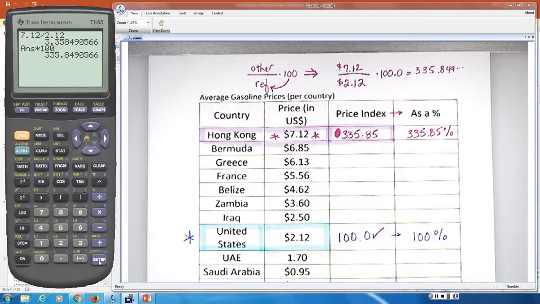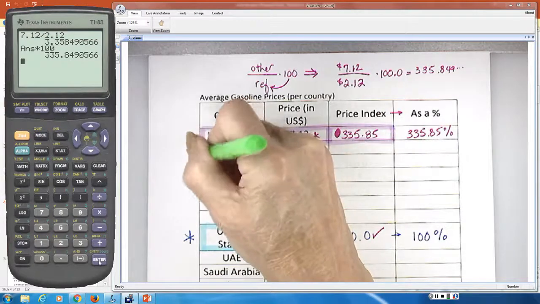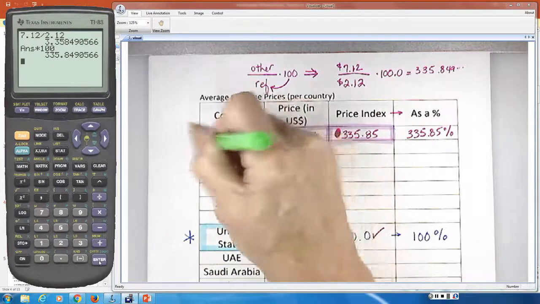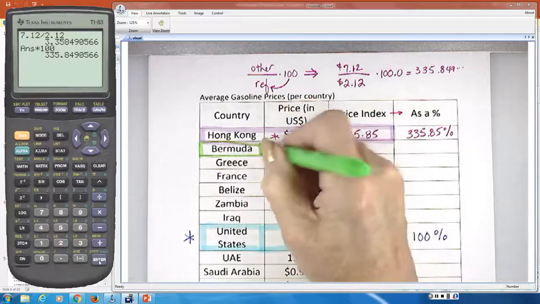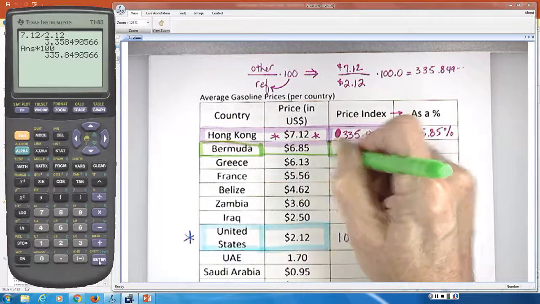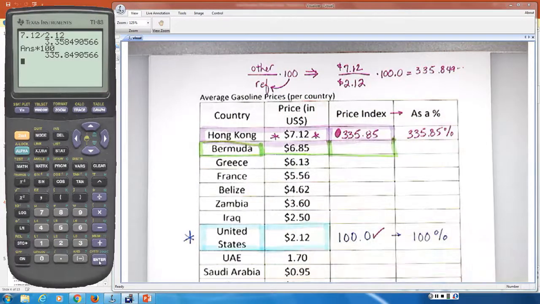Okay, let's talk about another one just to make sure we've got this. What if we're talking about Bermuda? We would like to find the gasoline price index for Bermuda. Same process.